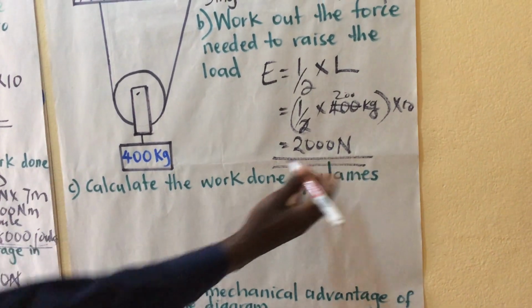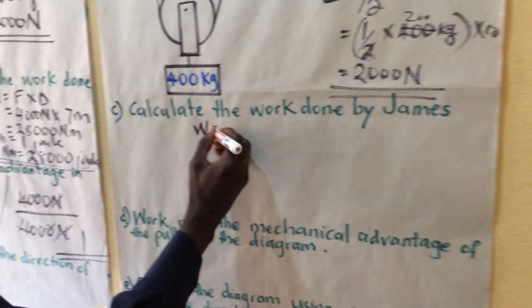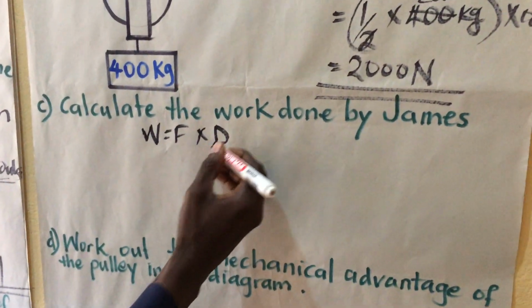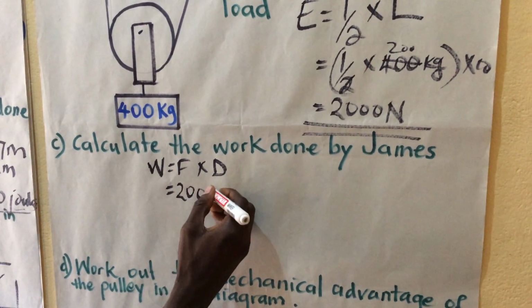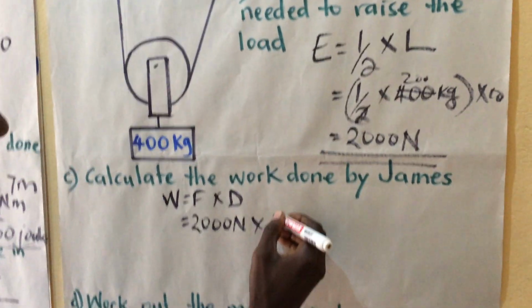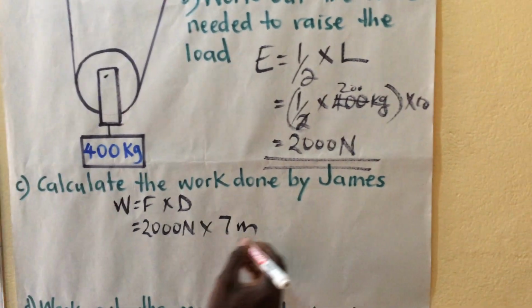Calculate the work done by Giimpse. Work is equal to force times distance, which is equal to, we already have the force, which is 2,000 newtons, times the distance, which is 7 meters.